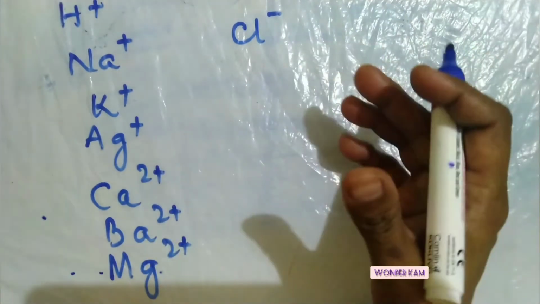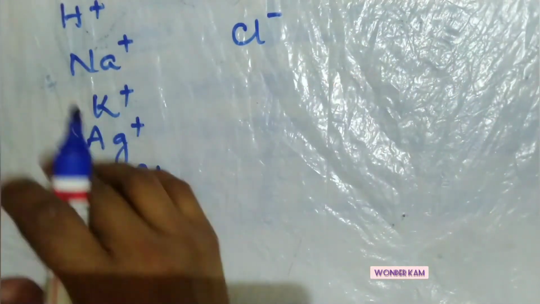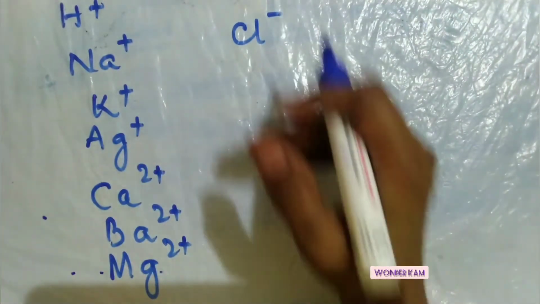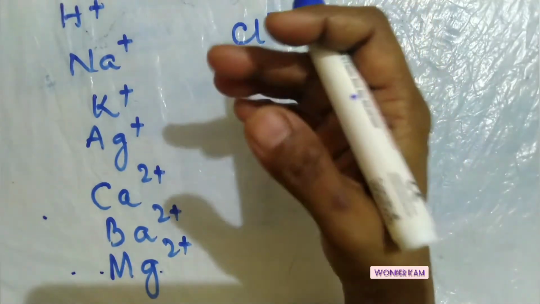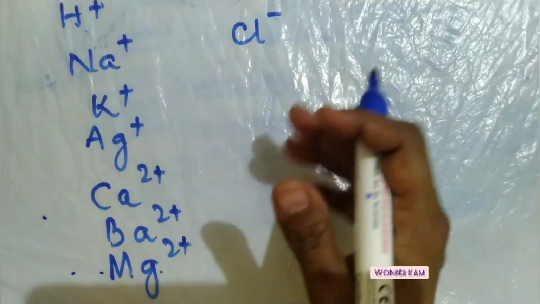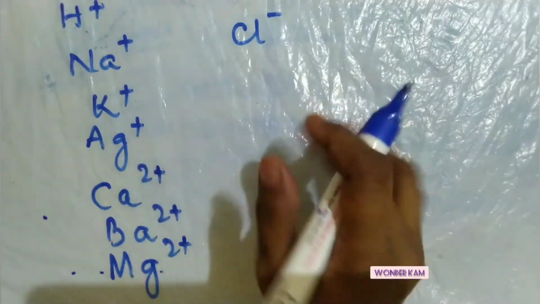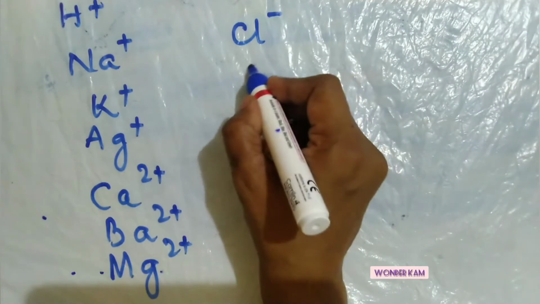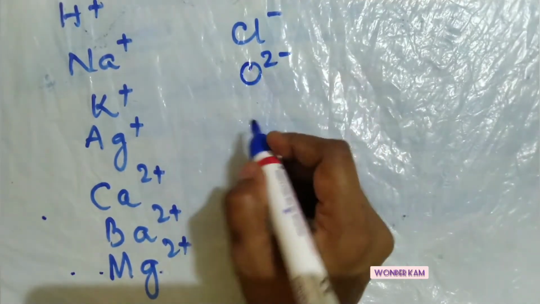Sulfur becomes sulfide. But the metal, like potassium, silver or argentum, or calcium, keeps its name. Sulfide, nitride, you will know once you learn how to name these. Then the oxide ion with 2 minus.